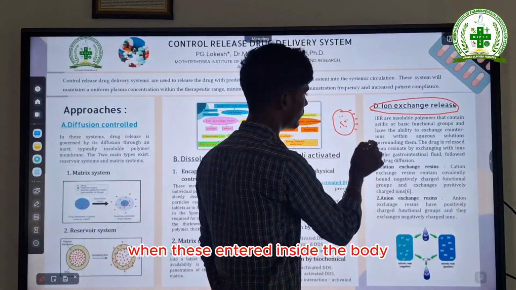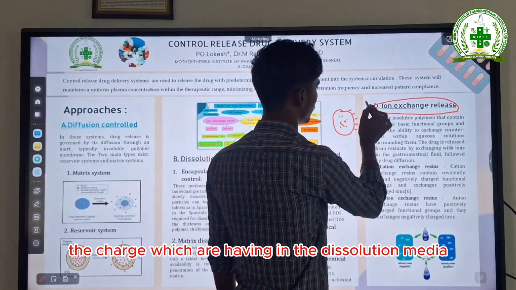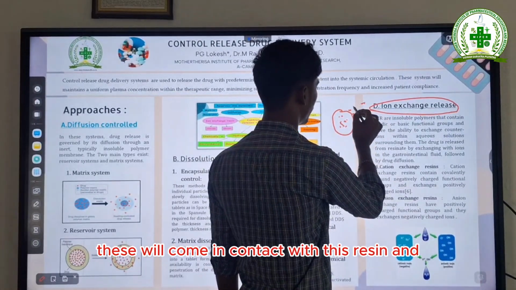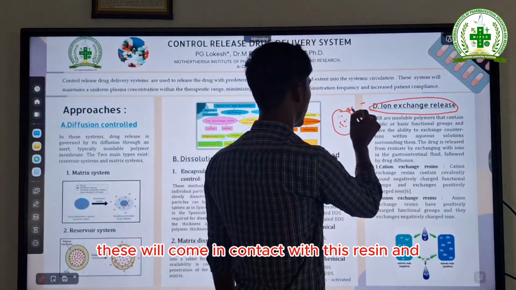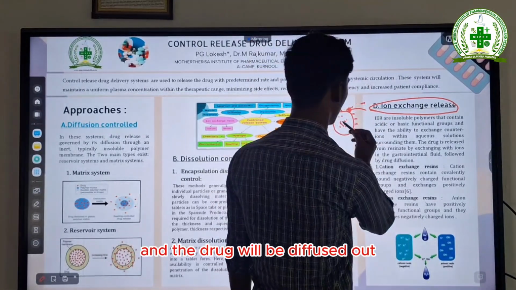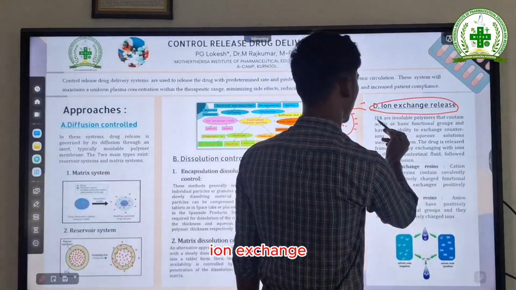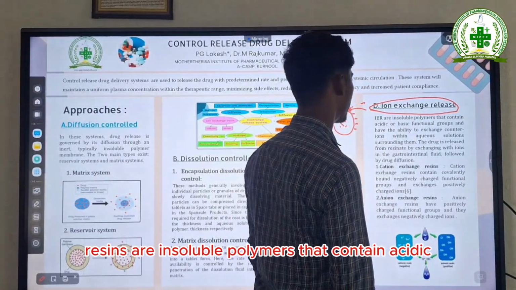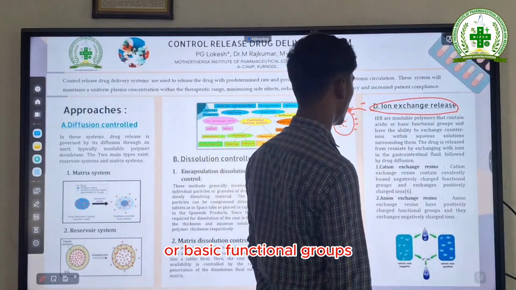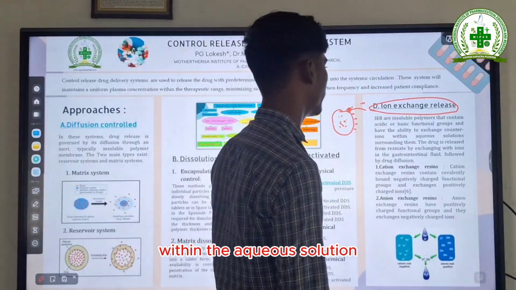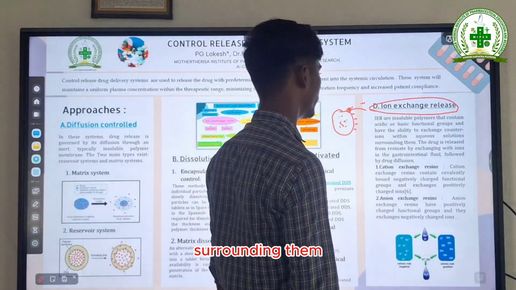When these enter inside the body, the charged ions in the dissolution media come in contact with the resin and take the place of the drug, and the drug will be diffused out. Ion exchange resins are insoluble polymers that contain acidic or basic functional groups and have the ability to exchange counter ions within the aqueous solution surrounding them.